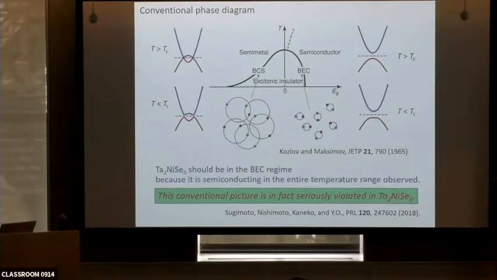At very high temperatures, it has a rather small band gap, but almost entirely it is insulating. So we are here in this region. This is the standard understanding. But what I would like to show here is that this conventional understanding is in fact seriously violated in this Ta2NiSe5. This is what I want to show in this talk.